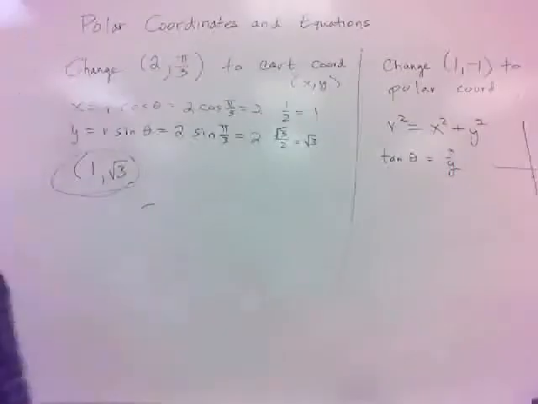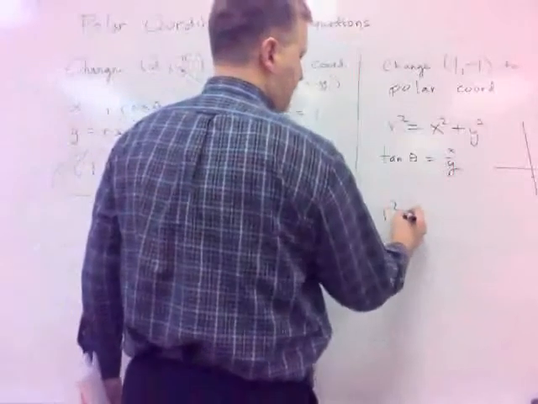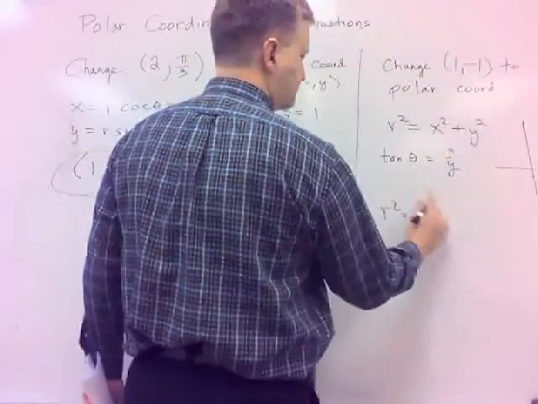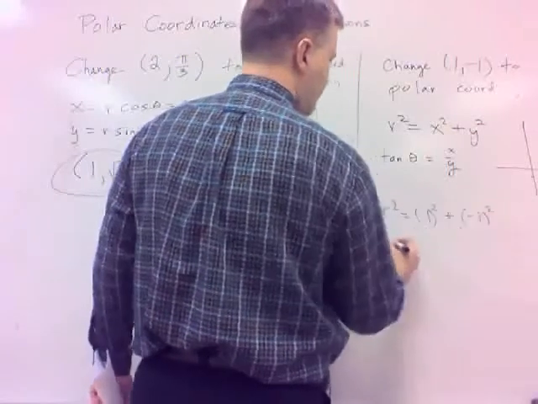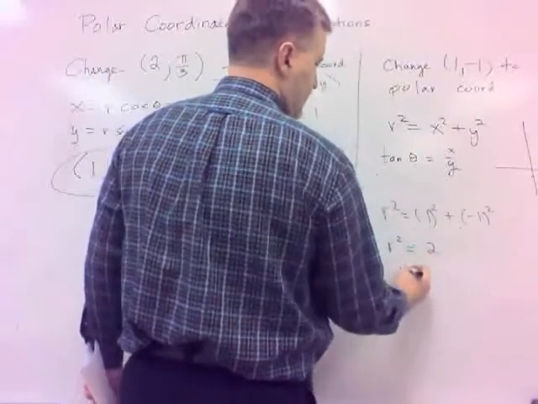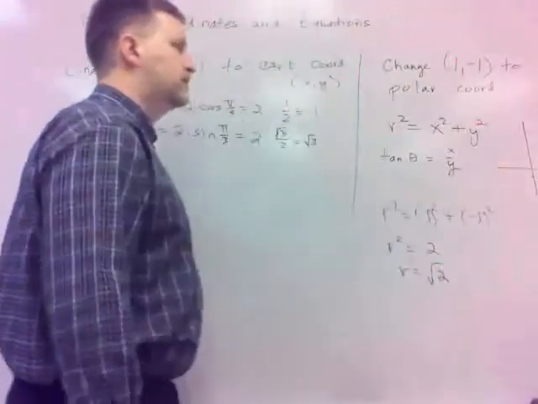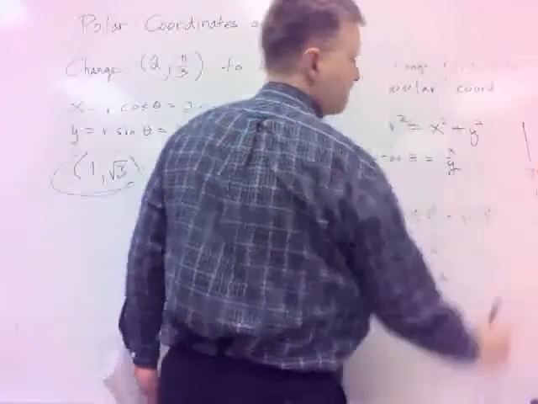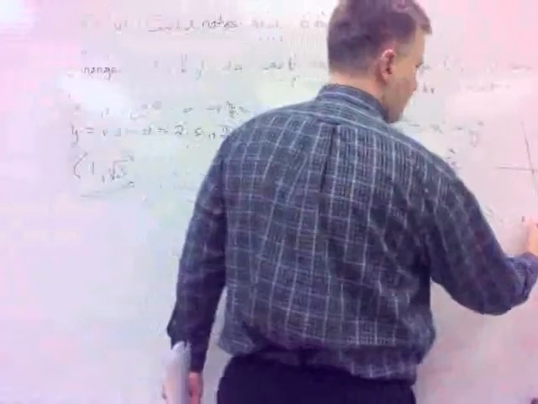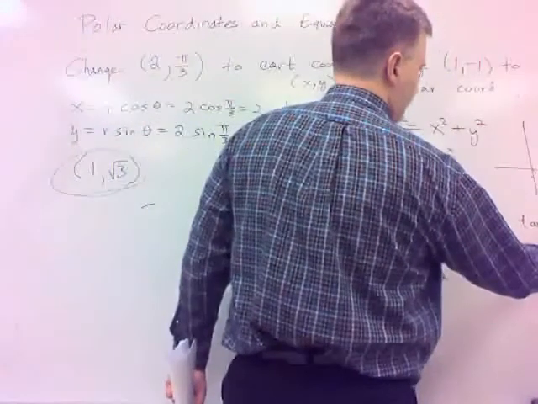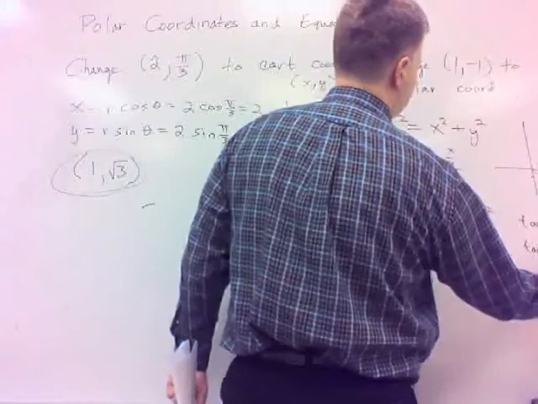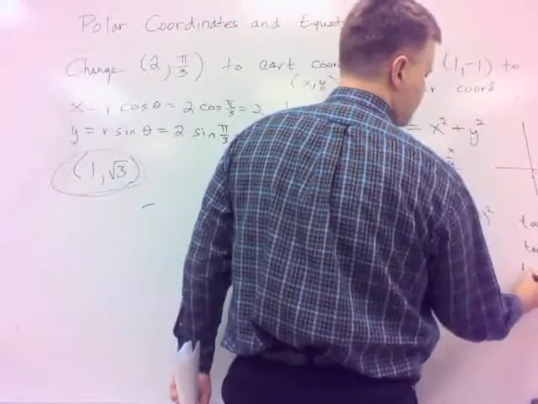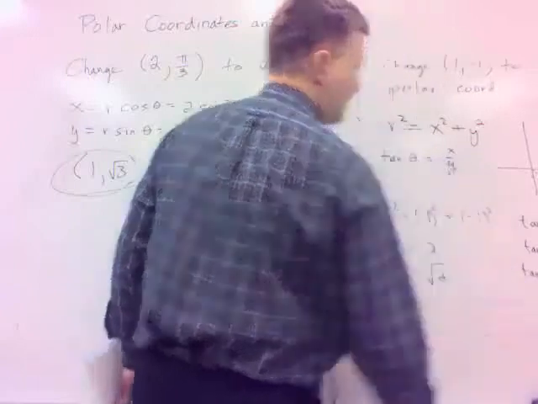So we're talking a point down in quadrant 4. But anyway, the r squared is not bad. R squared equals x squared plus y squared. So it looks like r squared is 2. So r would be the square root of 2. So that distance there would be square root of 2. What about the theta? Well, tangent of theta equals x over y, which in this case is 1 over -1, which is -1.